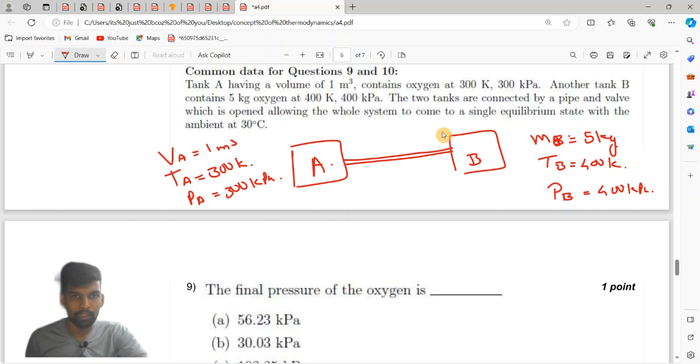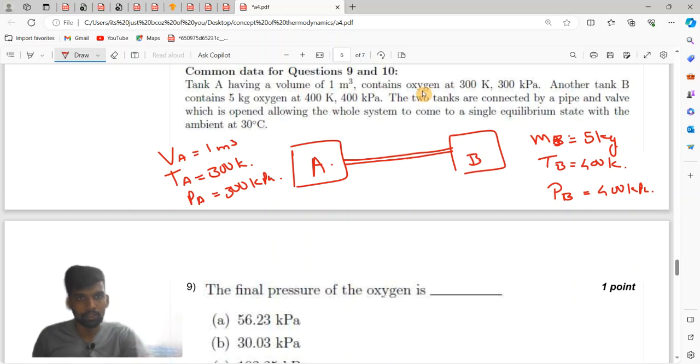If in an exam they provide any information regarding the pipe, then you need to take it into account. But in such cases, the dimensions of these tanks are much larger compared to this pipe, so it is a fair assumption to neglect the dimension of the pipe while calculating volume.